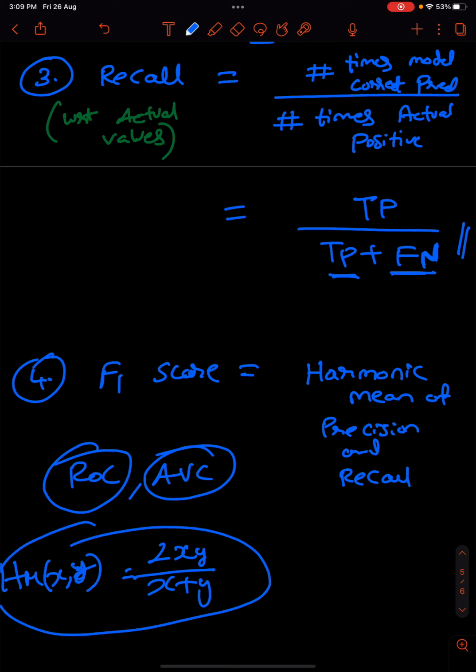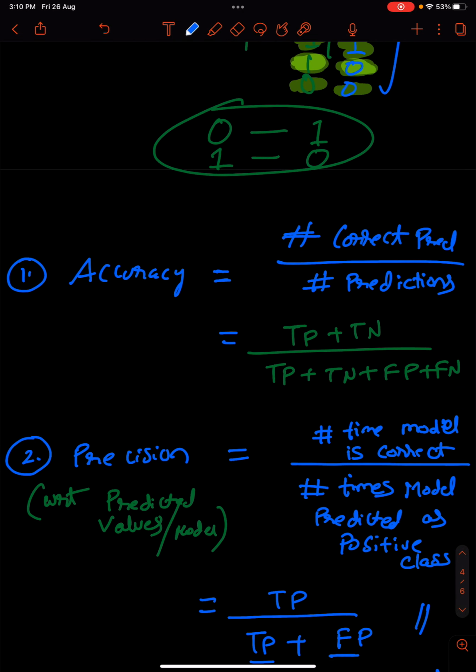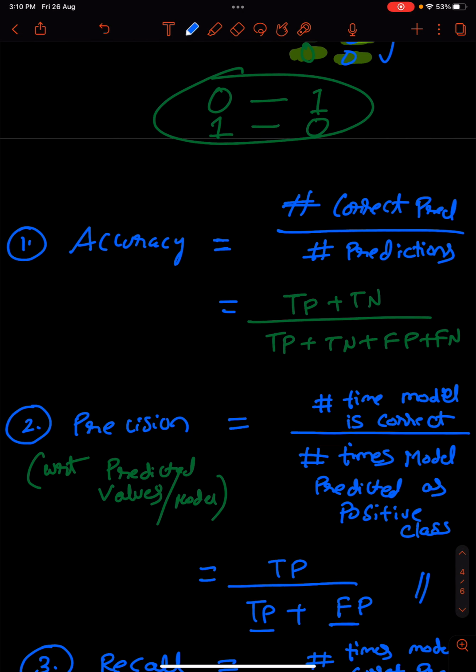So based on this formula, the F1 score will simply equal 2 times precision into recall divided by precision plus recall. This is what the F1 score is. And we will use the F1 score when both precision and recall are considered important.